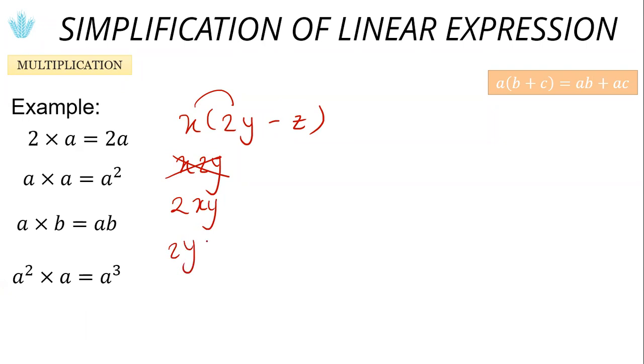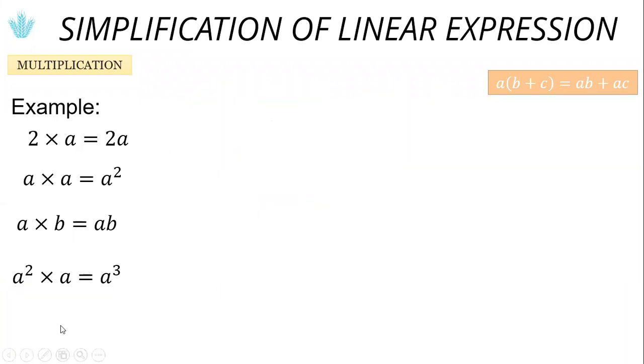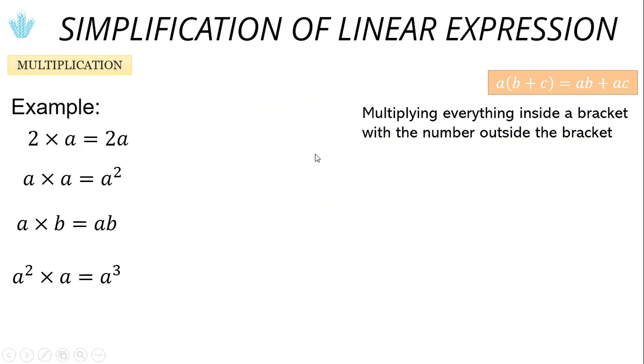Is 2yx allowed? Yes, no problem, but 2xy is better because it is in ascending order, alphabetically. X is first. Minus xz. Done. Again, you can watch the video later on because I have to go forward. Multiplying everything inside a bracket with a number is called the distributive law.